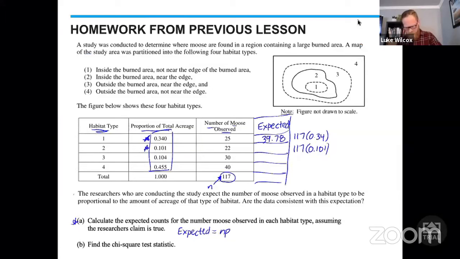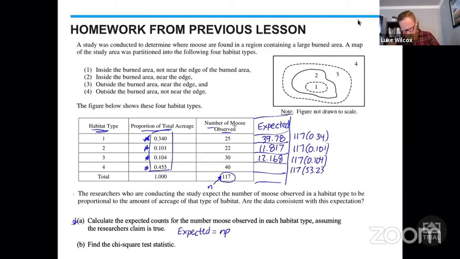And I'm going to tell you that comes out as 11.817. And then the next two are going to be very similar in that we're going to take the sample size multiplied by the proportion. This one's going to be 12.168. And then for habitat type 4, 117 times 53.23.